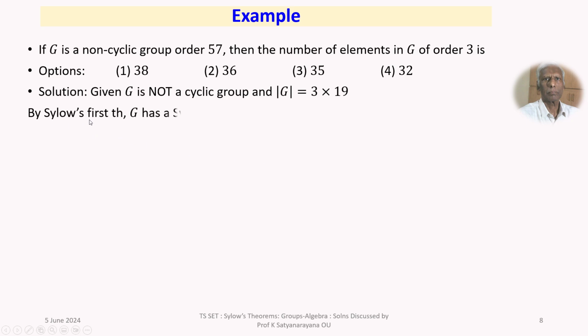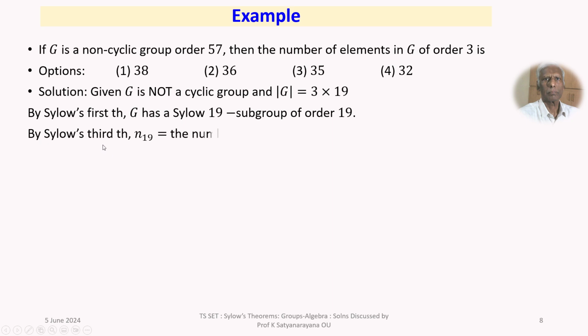By Sylow's first theorem, G has a Sylow 19 subgroup. 19 is a prime. So, 19 divides 57, 19 squared does not divide 57. Therefore, the first Sylow theorem applies, and G has a Sylow 19 subgroup of order 19. 19 is a prime, right?